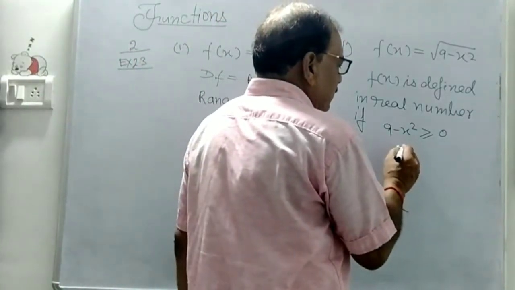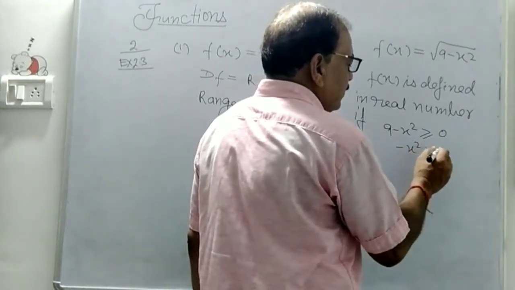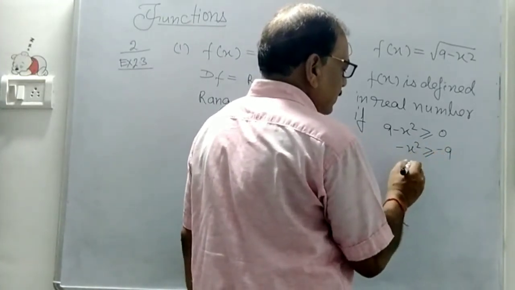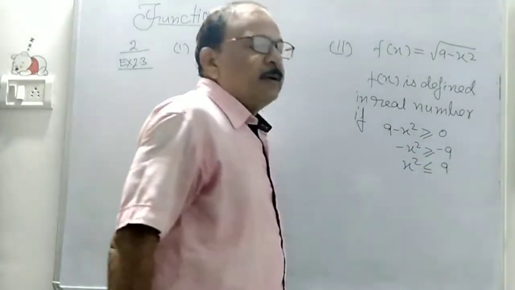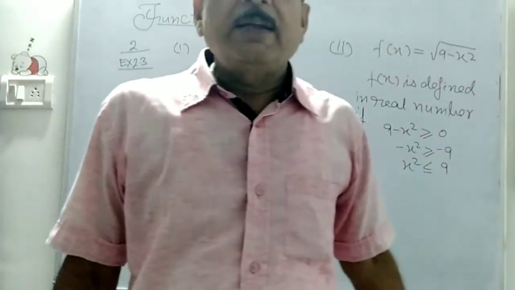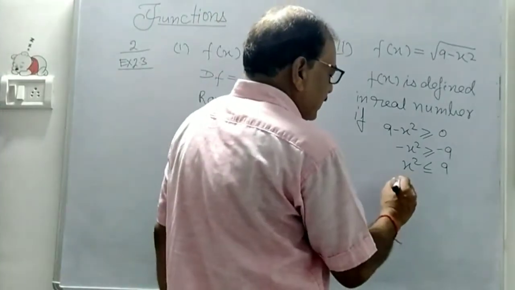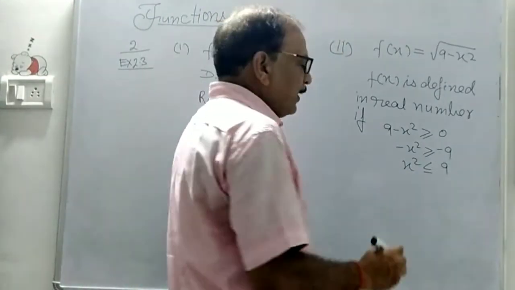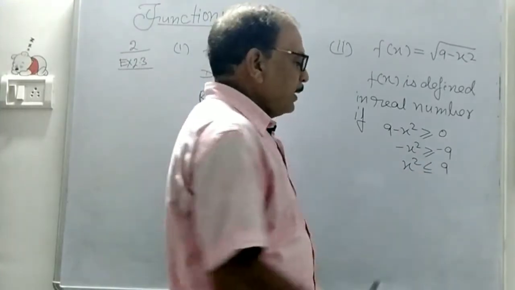So we can write minus x square is greater than or equal to minus 9, or x square is less than or equal to 9. Now if you multiply with the negative sign, then the inequality is reversed. So the value of x, if you solve this, you get plus 3 and minus 3.